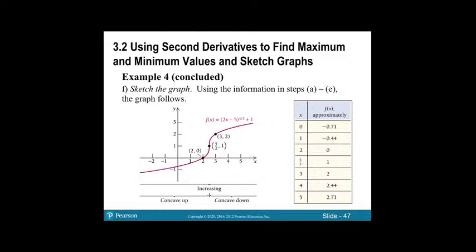You see how this one was neither a relative max nor a min. It did turn out to be a point of inflection, and even when we tried to use the first derivative test, it was increasing on both sides. So it was identified as a point of inflection. We found a few additional points, found the corresponding y's, plotted them, and everything actually does line up based on what we were finding, right?